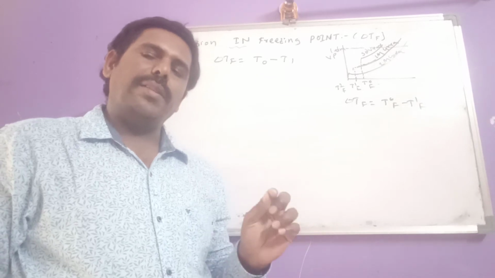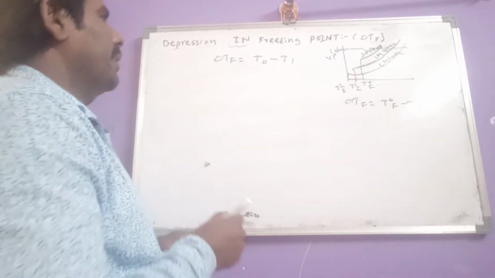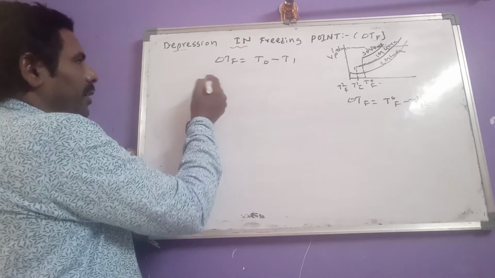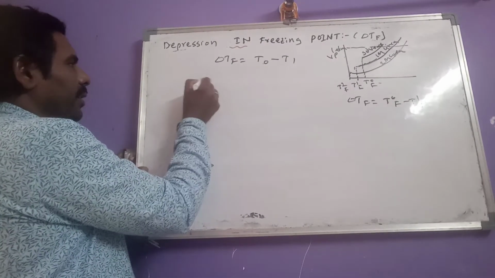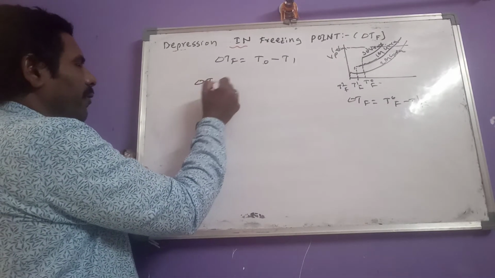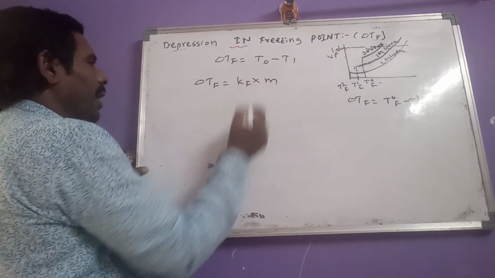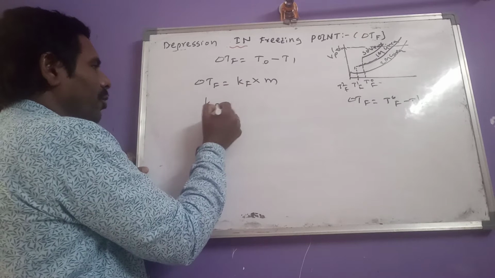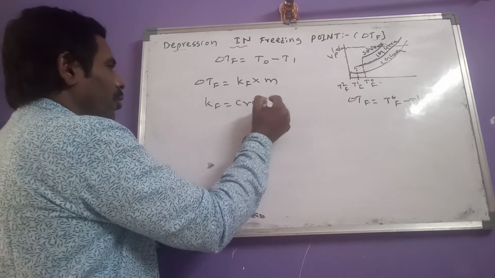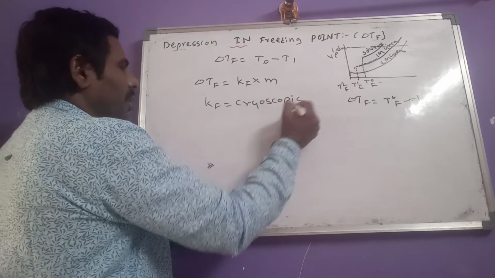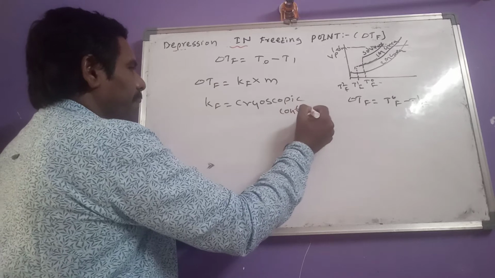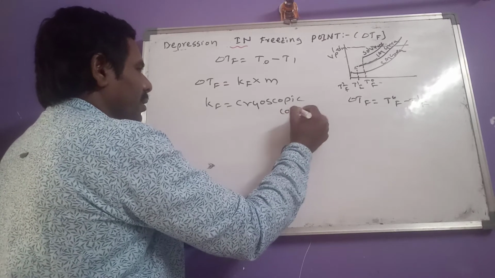We have to remember that point. Okay, and what are the remaining equations here? Delta TF equals KF into small m, where KF is known as cryoscopic constant or molar depression constant.